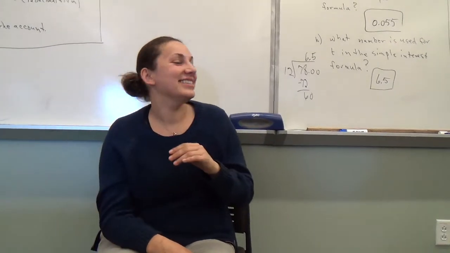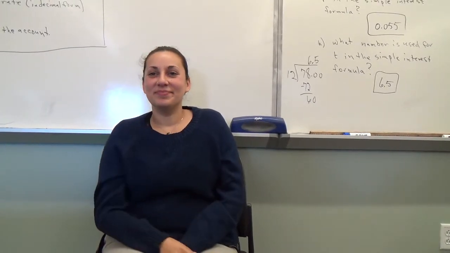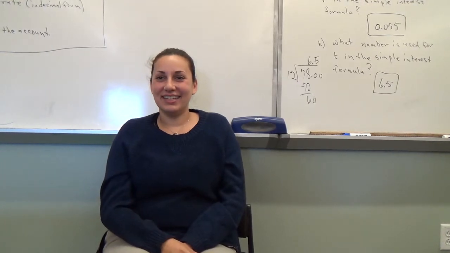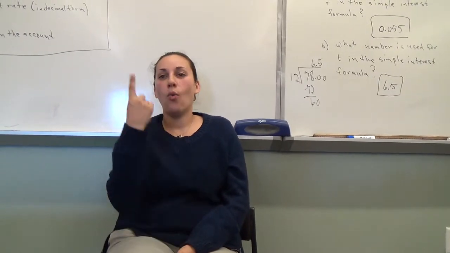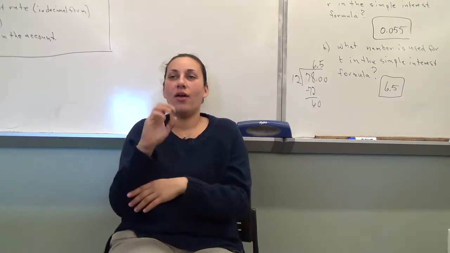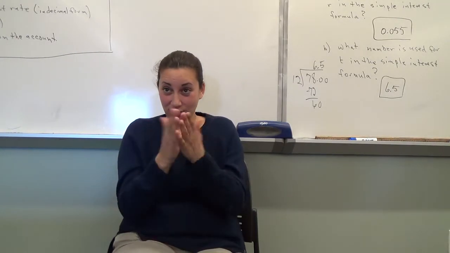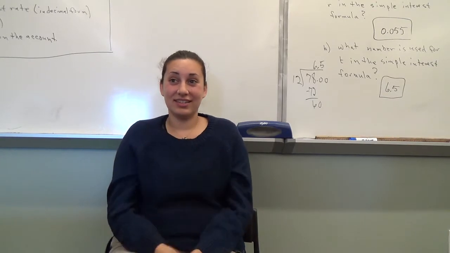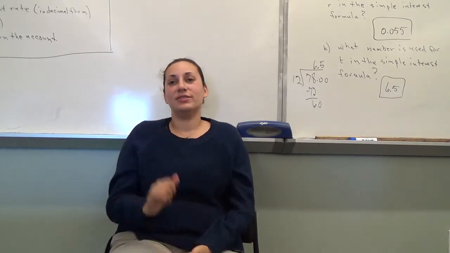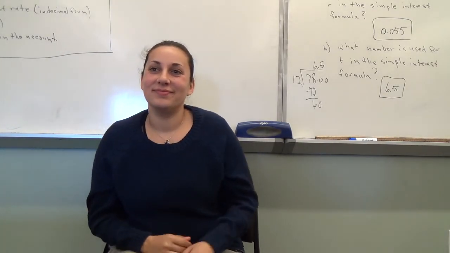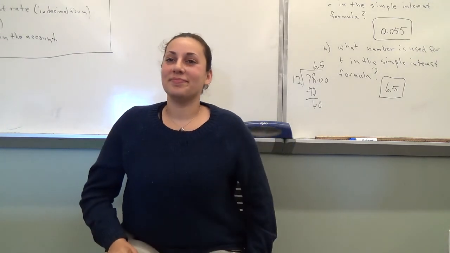N is going to be 12, so for monthly the amount would be, we still have the $2,000. For that, we have 1 plus 0.05 over 12, right? Okay. And then we're going to have N, which is 12, multiplied by 3.